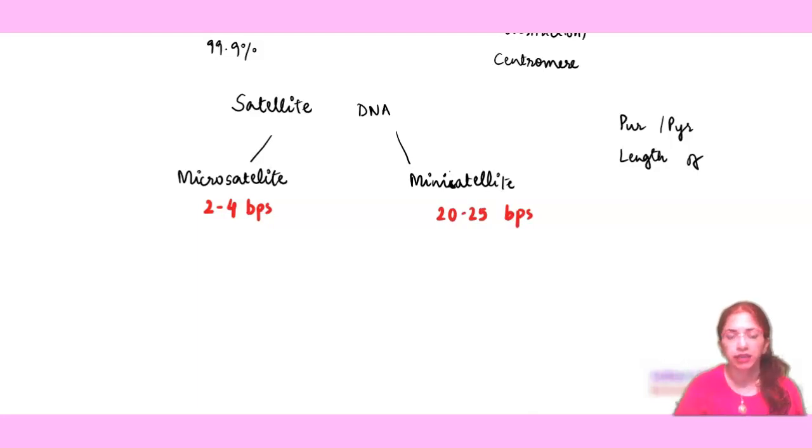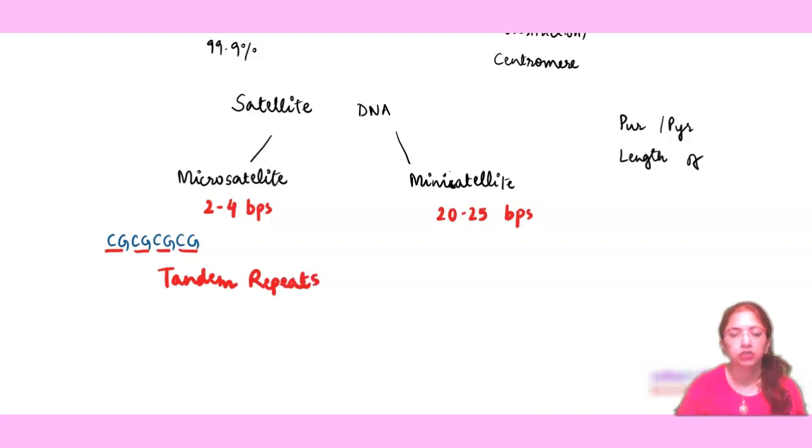Now in the case of microsatellite, the base pairs are 2 to 4 in number and repeated. For example, if I am writing CG, CG, CG, here you can observe that CG contains 2 nucleotides. So 2 nucleotides are repeated one after the other, and such types of repeats are known as tandem repeats.